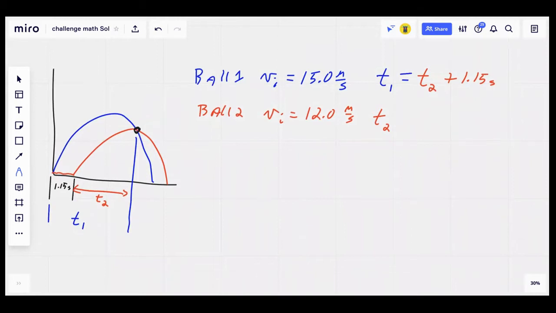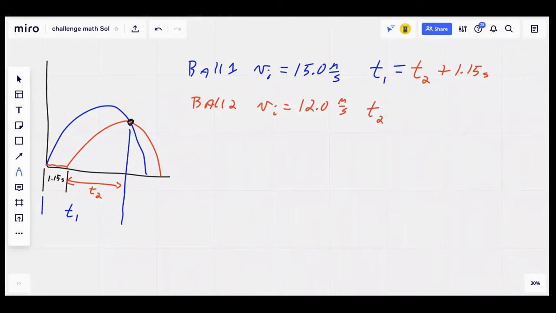All right. Now we want to mathematically figure out the time that they get to the same height. So what we're going to do is write the height equation for ball one and set it equal to the height equation for ball two. Now they both start at the same height, which is 0.